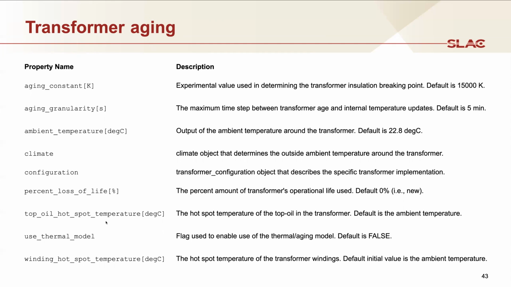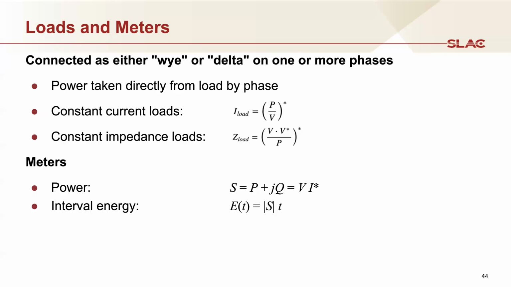But that will then allow you to enable a thermal model that uses the power loading on the transformer and the overheating of the transformer itself to calculate possible loss of performance in the transformer.